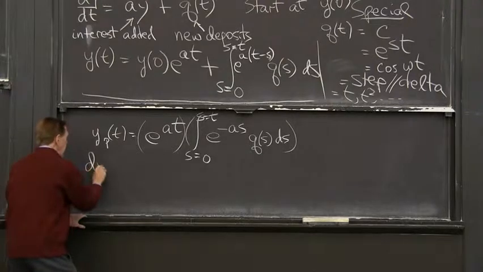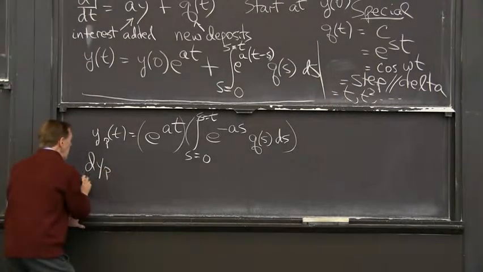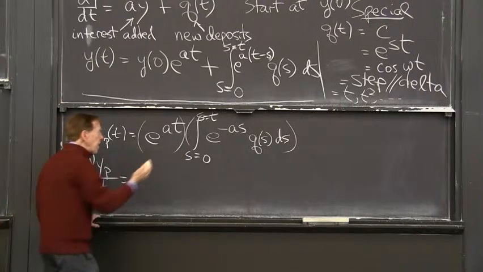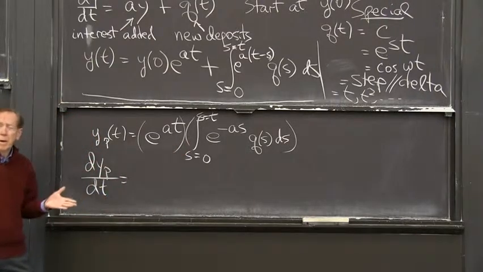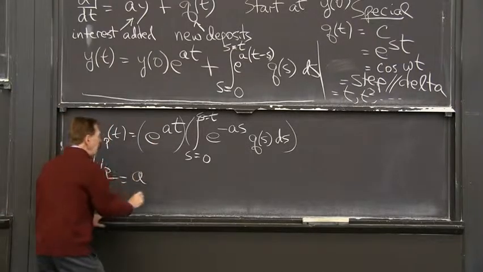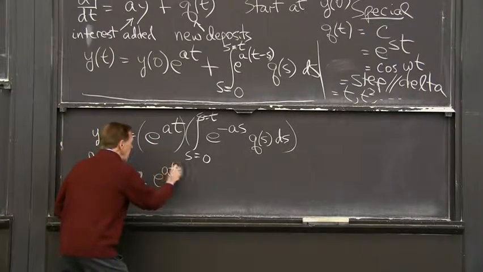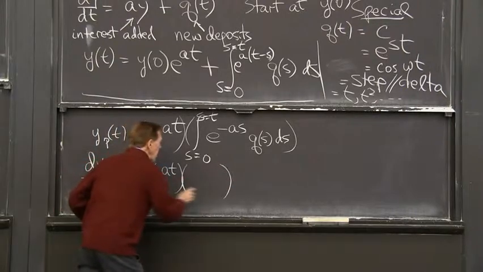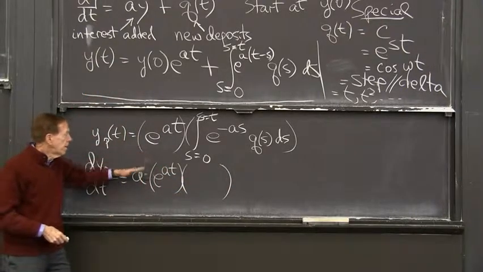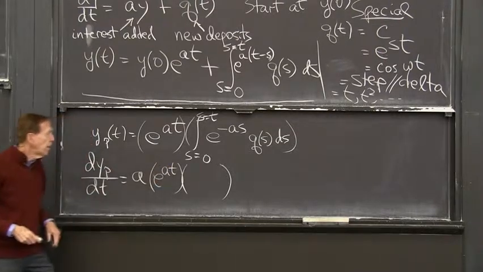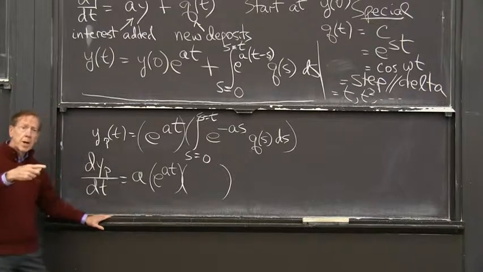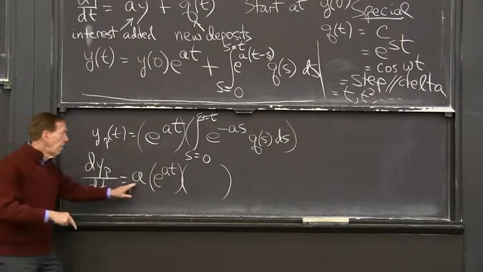So now I'm computing dy dt by ordinary calculus. So the derivative of that is a e to the at times the second term. That's just ay. That's a times the y that we had before, because the derivative of e to the at by the chain rule brings down an a, and we have that.